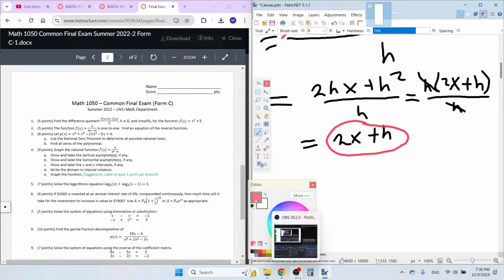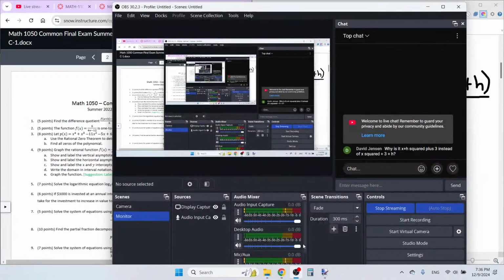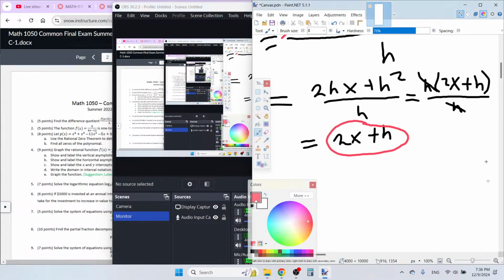Okay, let's see if we have any comments. We have, why is it x plus h squared plus 3 instead of x squared plus 3 plus h? That's a great question.